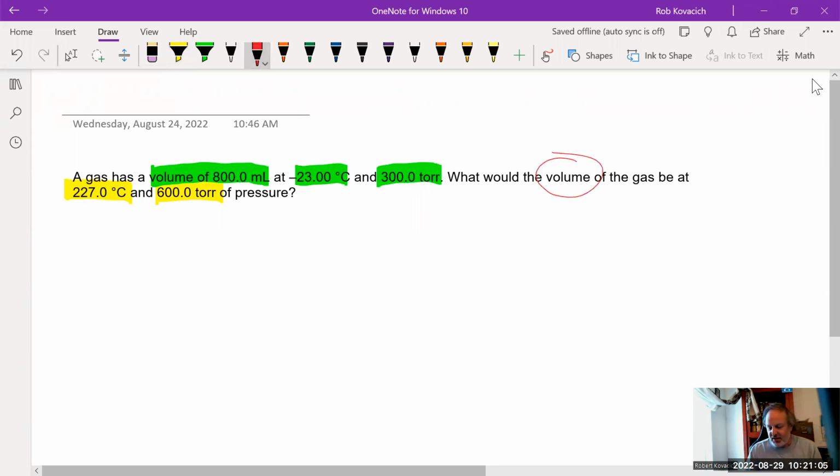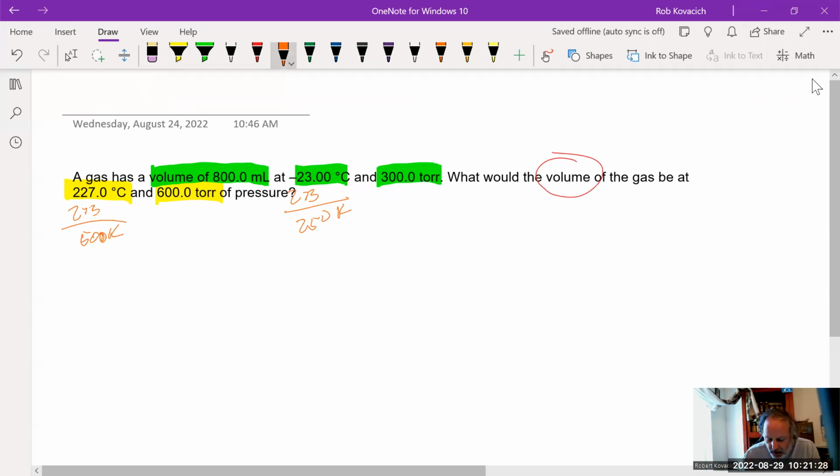In this case, it's asking me what the volume is. So your answer needs to have a volume unit in it. Let's knock out the 273. So that's 250 K. And 273, so that's 500 K. Oh, that's right, they made this one easy.